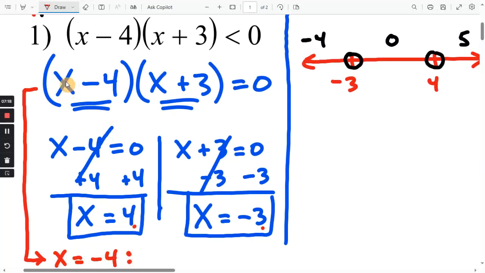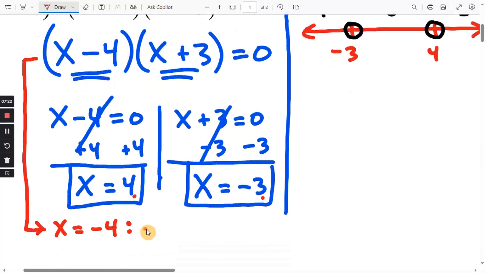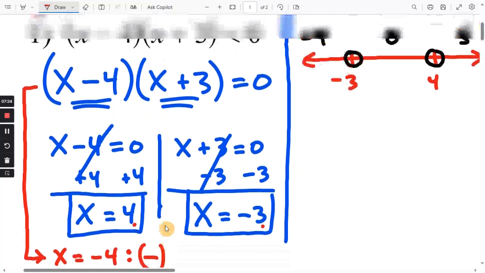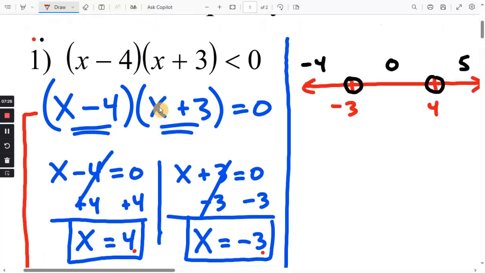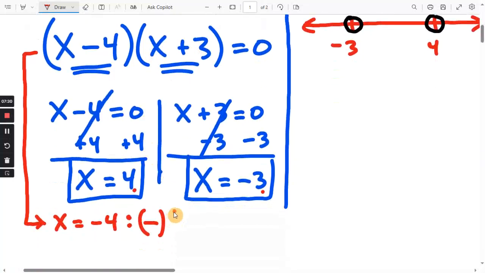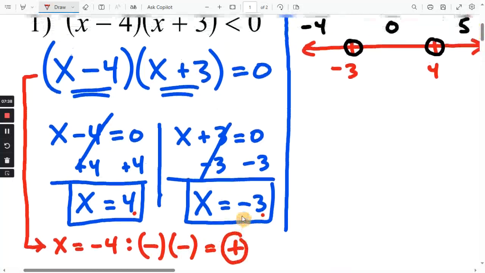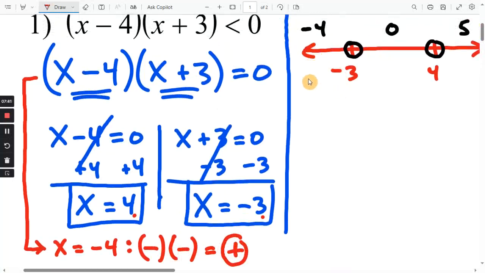Negative 4 in place of x minus 4, that's going to be a negative. And negative 4 in place of x plus 3, that's going to be negative 1, so that's a negative. Negative times negative is positive. So this section of the graph is positive.